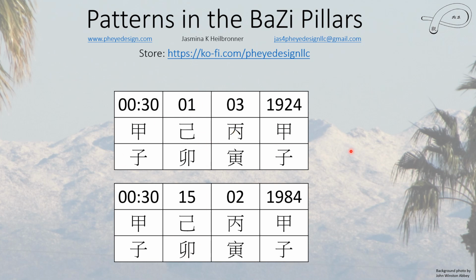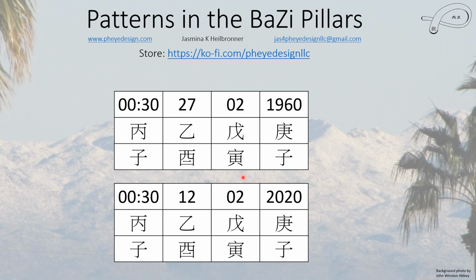Now, I can't guarantee it will happen for every single BaZi, because you may have to go outside the bounds of a certain solar month to have this animal sign line up. So it may not always happen, but it's not that infrequent. So here's another example between 1960 and 2020.